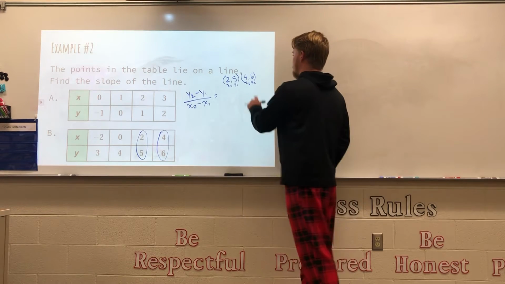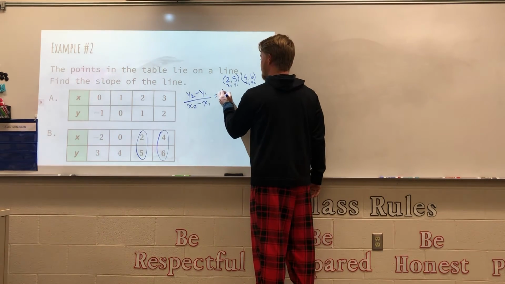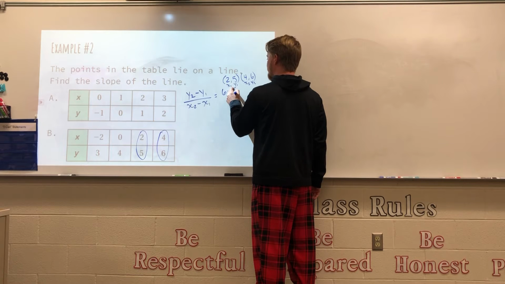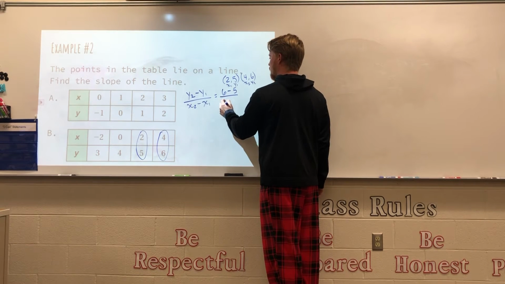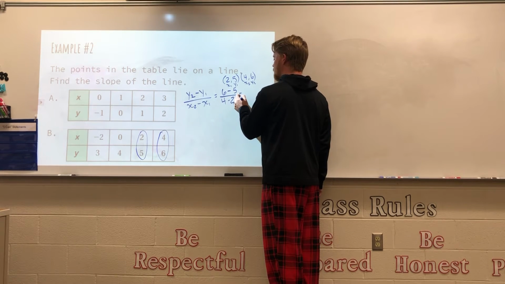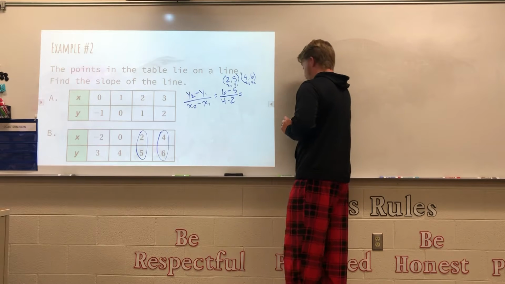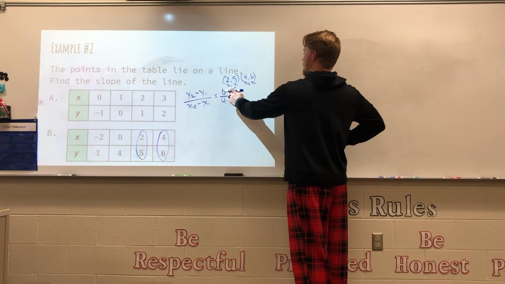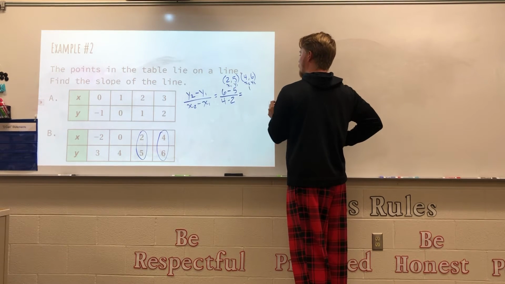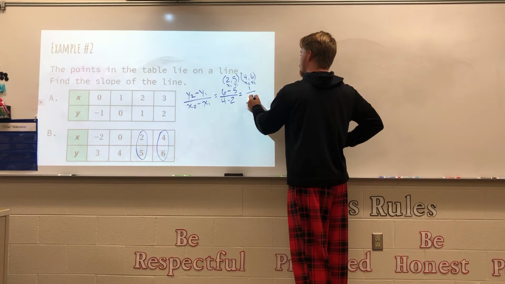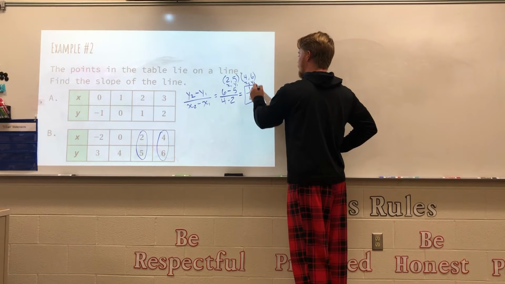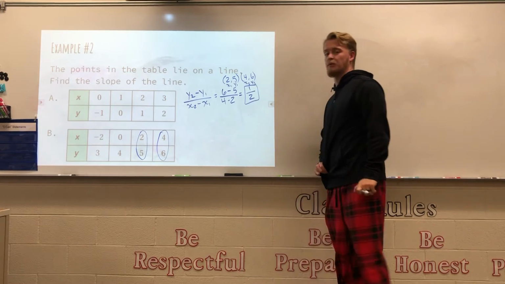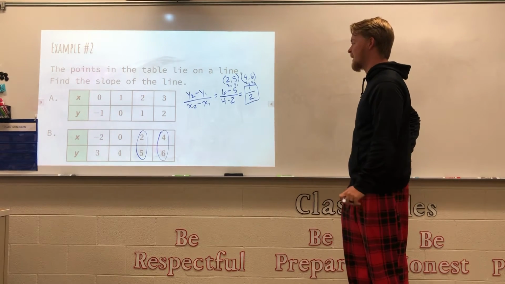So we'll plug in. My y2 is 6, minus my y1 is 5, over x2 is 4, minus x1 is 2. So then we simplify. 6 minus 5 is 1, 4 minus 2 is 2. 1/2 cannot reduce any further, so there is your slope. Your slope of table B is 1/2.